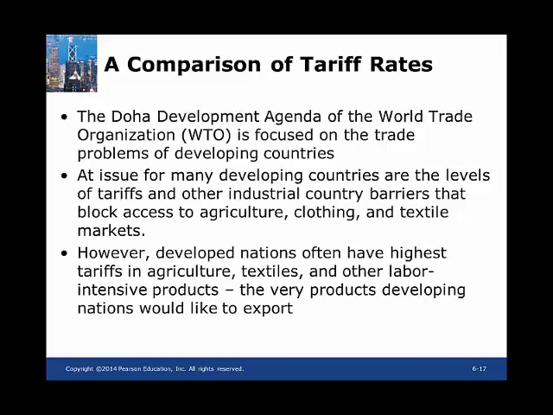At issue for many developing countries are the levels of tariffs and other industrial country barriers that block access to agriculture, clothing, and textile markets. However, developed nations often have the highest tariffs in agriculture, textiles, and other labor-intensive products, the very products developing nations would like to export.